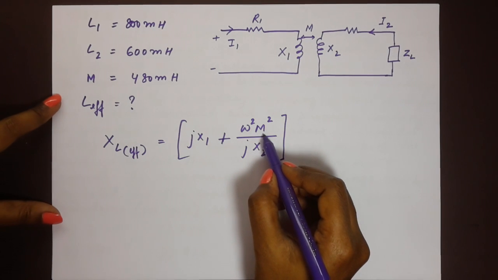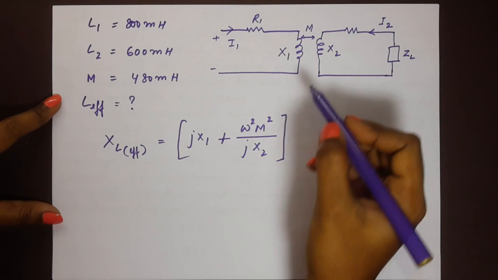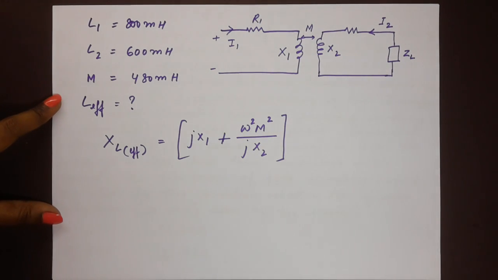Now omega square M square is with respect to the mutual inductance.